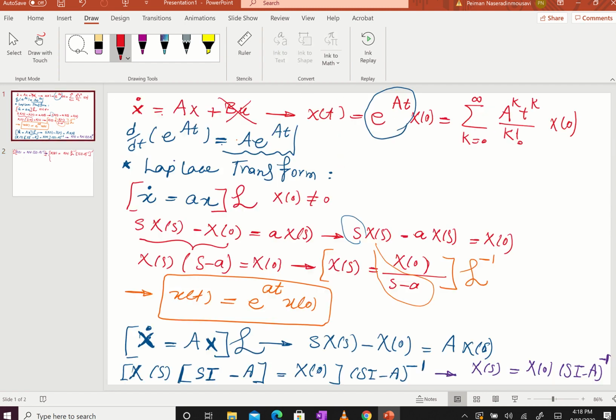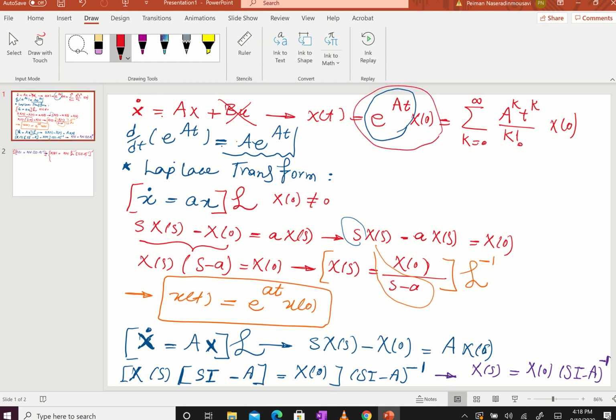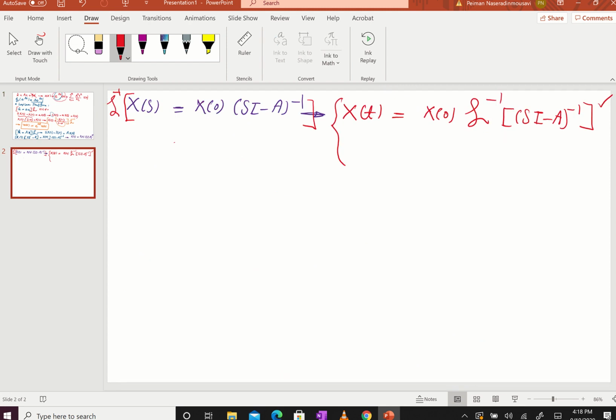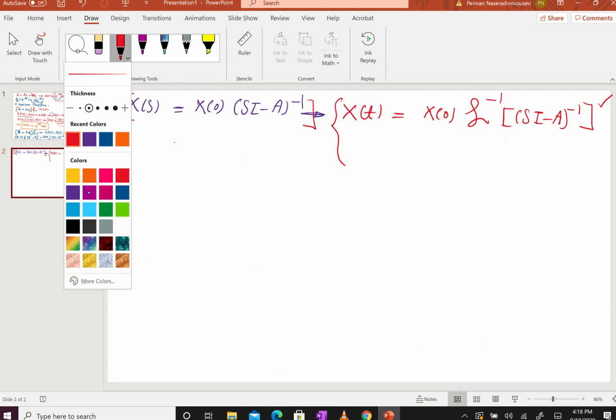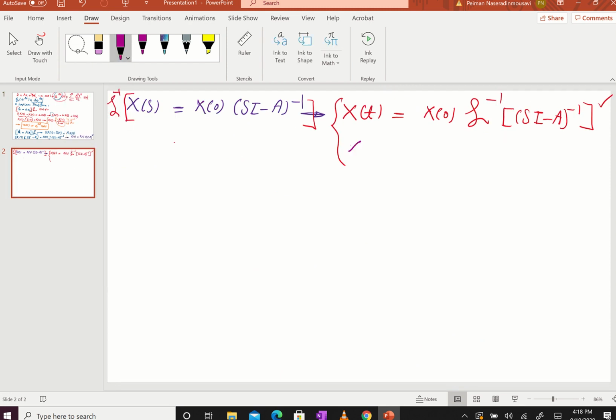Because we previously solved this homogeneous state space LTI system, and we got this solution. Look at here, guys. x of t is e^(At) times x at 0. So we are not blind.